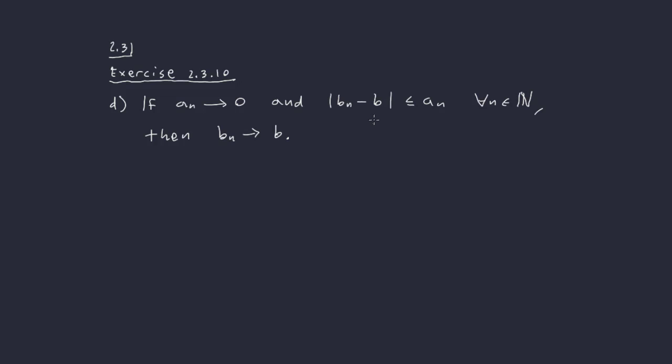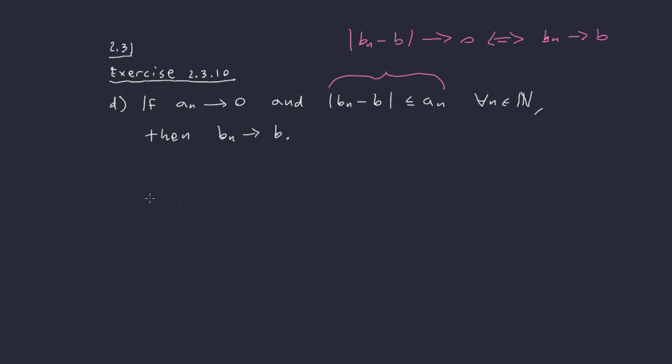So eventually, that distance converges to 0, right? So this is basically saying that the distance between b_n and b itself is going to 0, which is equivalent to saying that b_n converges to b.